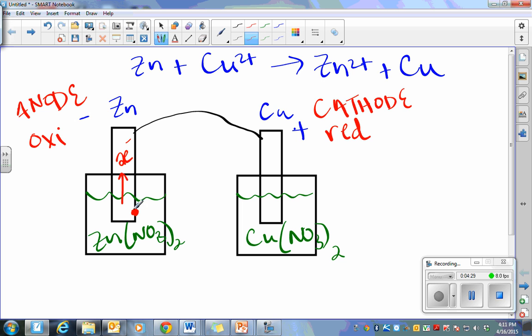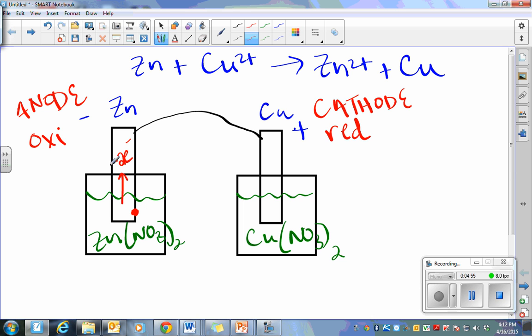But when that happens, this zinc atom that was neutral has now become an ion, so it will go into the solution, that zinc ion. Now, over time, this process will occur and this zinc electrode will decrease in mass because the zinc atom is turning into zinc ion.